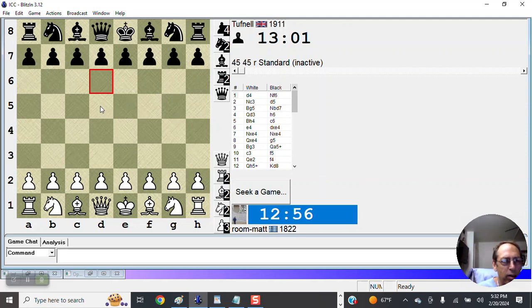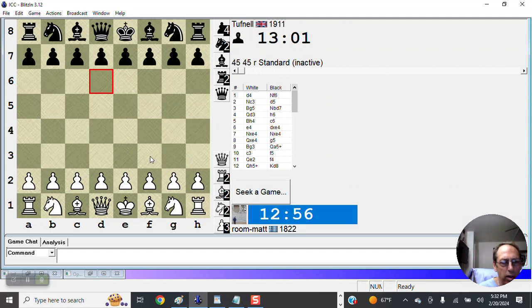So what square is this? If you're not sure, you look at the letter of the file it's in. The files are the vertical columns, and the rank that it's on. The ranks are these horizontal rows, each one with a number. So this is D5.